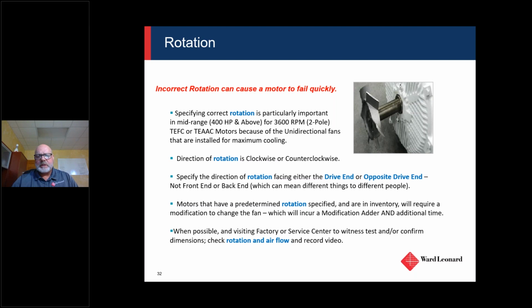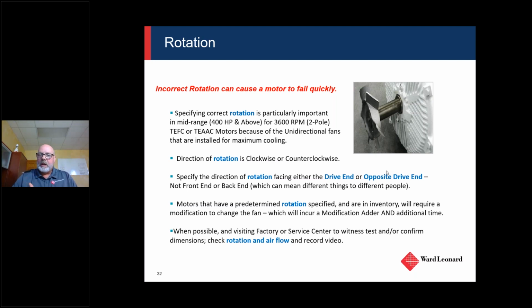Just real quick on rotation. The reason this is in here is that if you have rotational fans that are directional, we'll make sure you get that right. We've seen motors come in that have failed because somebody hooked it up backwards, and the motor ran backwards, got hot, didn't cool, and failed.